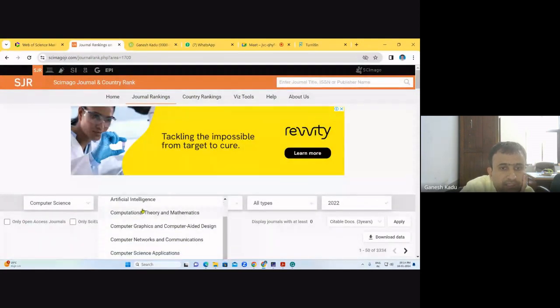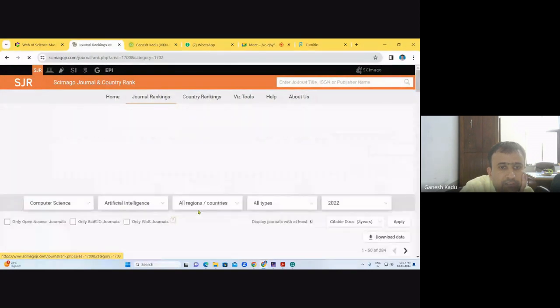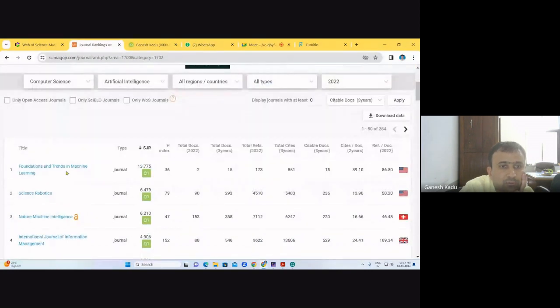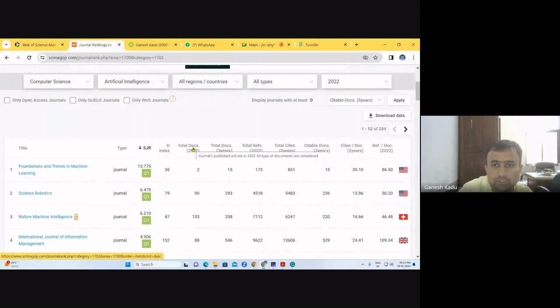In computer science, you have, let's say, artificial intelligence, and then it will tell you the different journals, so Foundations and Trends in Machine Learning. This is a quartile one journal, and its SJR is 13.775, and the other metrics are given here. For example, H index, total documents, these are in 2022.